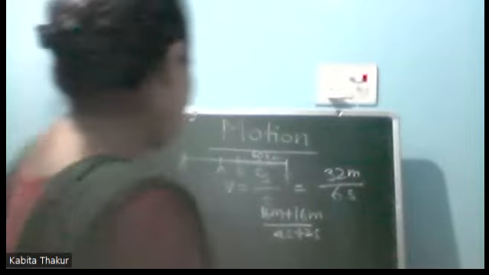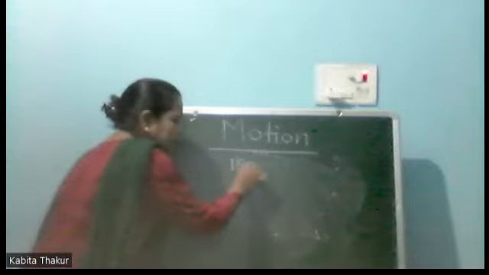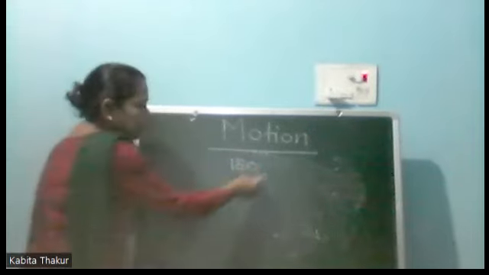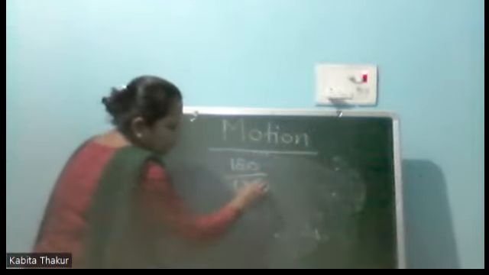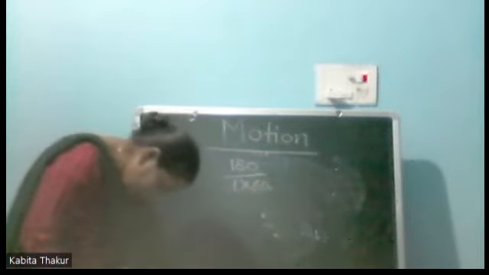First of all, total distance is 180, and total time taken is 1 into 60, which is 60.